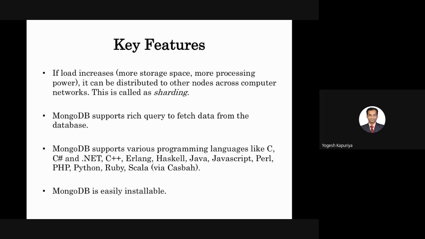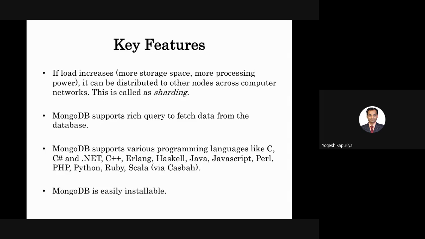Another quite remarkable feature of MongoDB is its capability to be implemented in various programming languages. You will find official support for a majority of them, which is not always there for every NoSQL database.